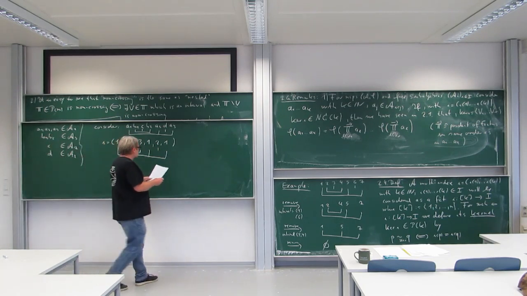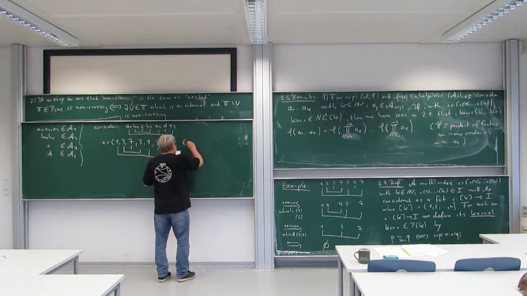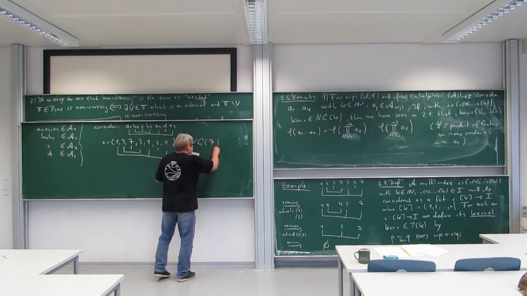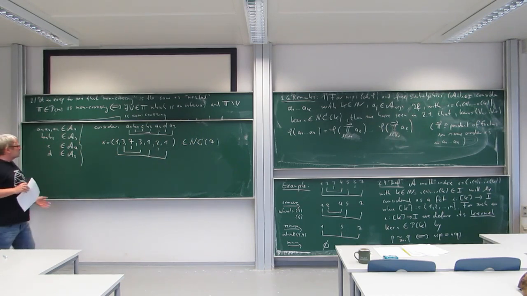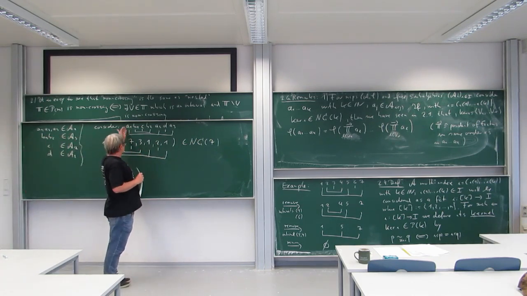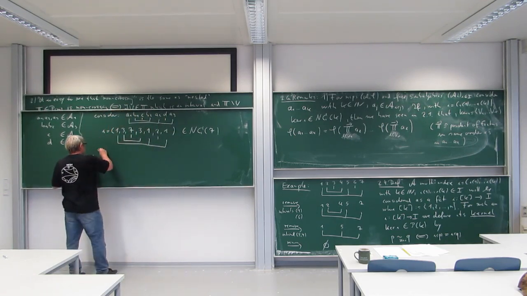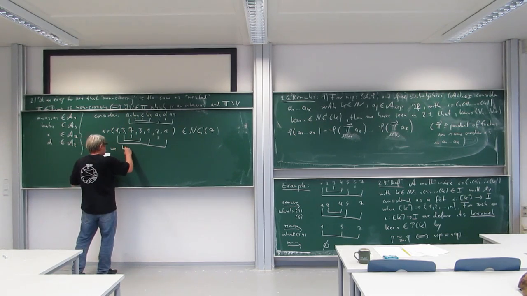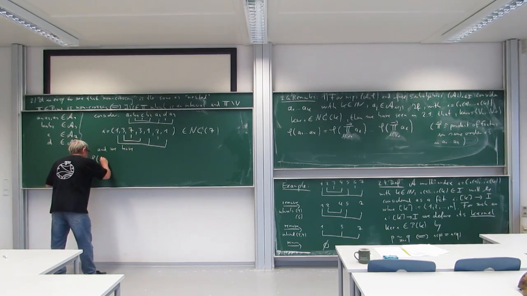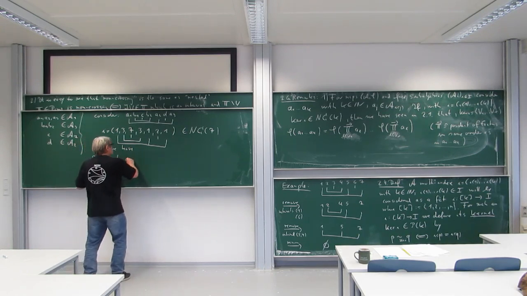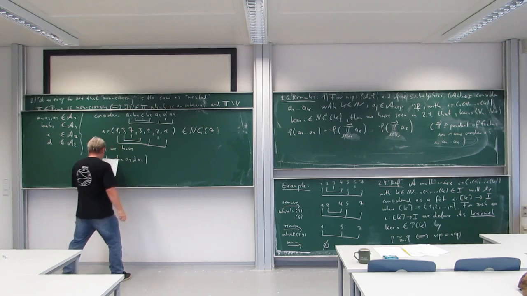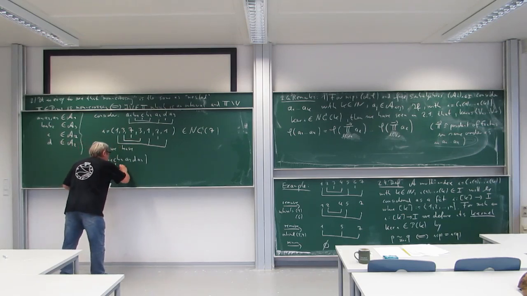So this kernel is really this picture, and this was a non-crossing partition of 7 elements, and for such a situation, we know that phi applied to this factorizes according to the block structure. So what we have, phi of A1, B1, C, B2, A2, D, A3, corresponds to this.